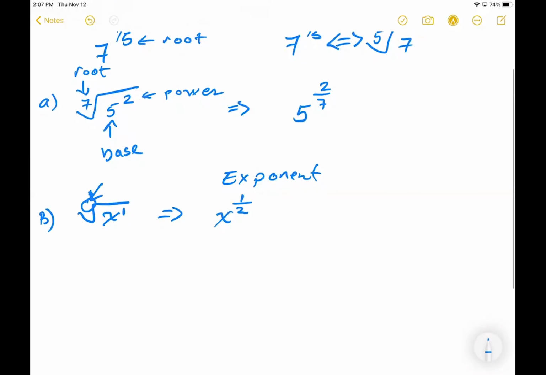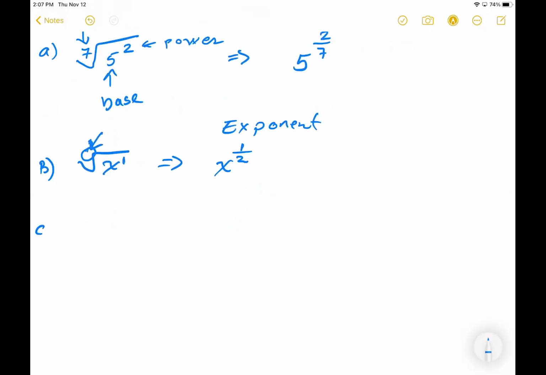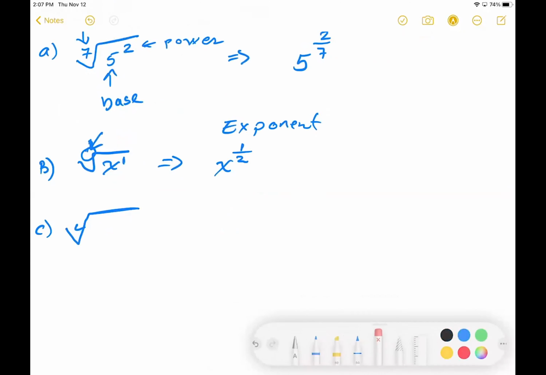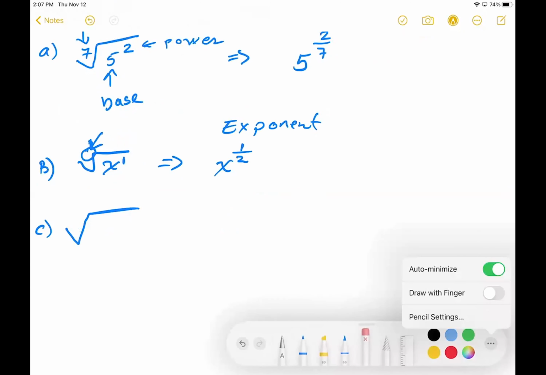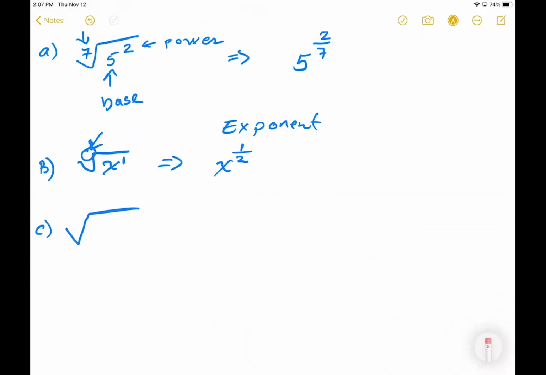Okay, if they have a number, for instance, if they have this 4, and let's say something inside, let's do 3x.